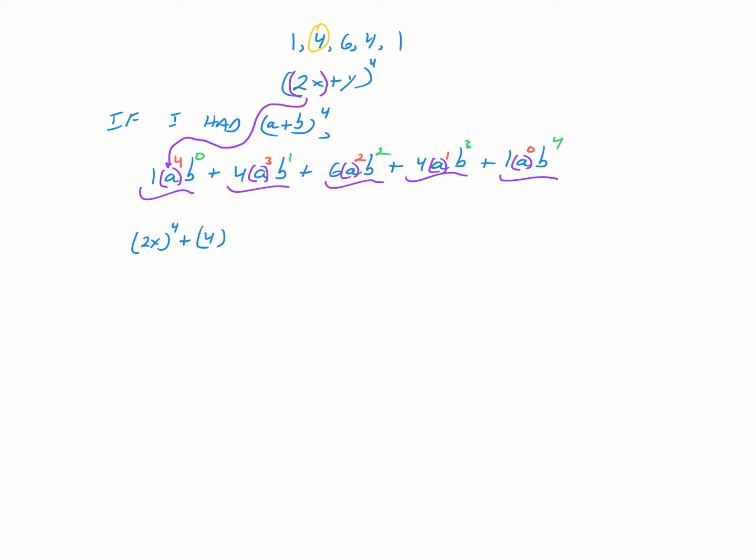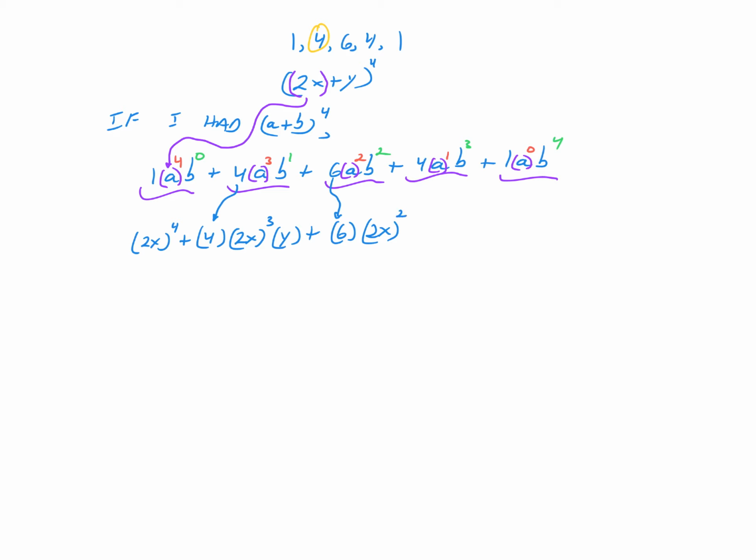Now I'm putting that there. That's my Pascal triangle coefficient. That doesn't change. A now is 2x to the third, and b is now y, plus 6, Pascal coefficient, nothing changes, nothing happens to it.